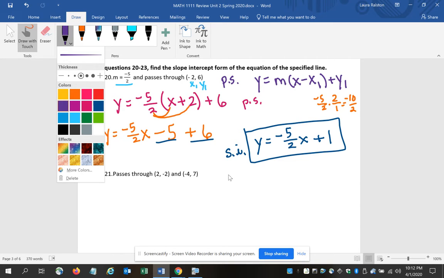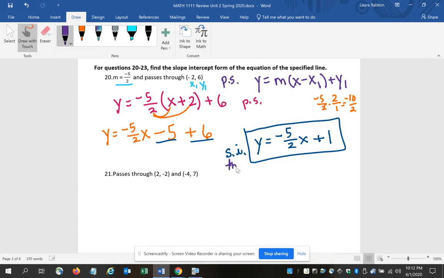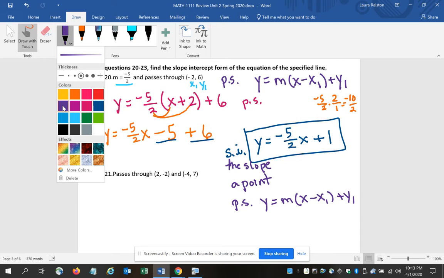So again, I want you to think, okay, I need the slope, a point, and I need point slope, which is y equals m times x minus x1 plus y1. Well, in this particular scenario, I don't have just one point, I have 2 points, but initially it looks like I don't have the slope.